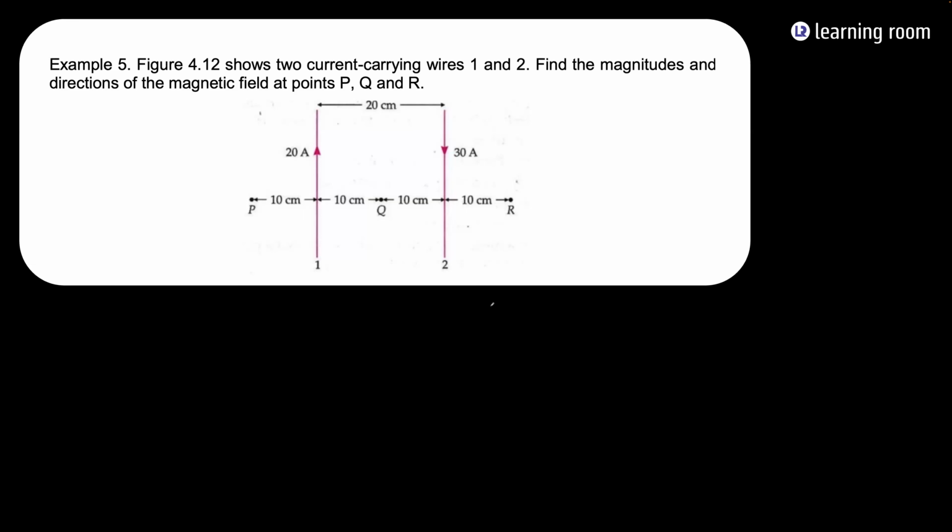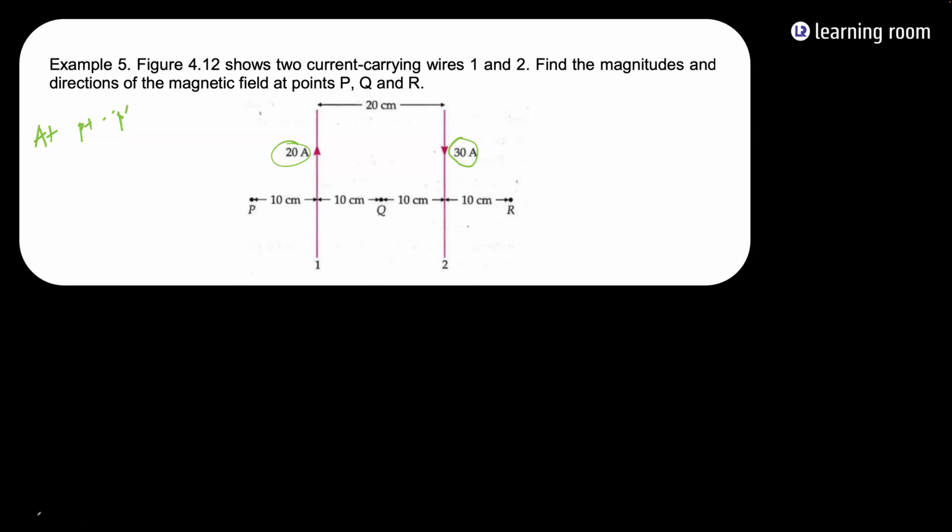How many of you got the answer? So let's do it quickly. Observe. We have two conductors, one of 20 ampere and 30 ampere, which are carrying the currents in the opposite direction. Our job is to find the value of magnetic field at point P, Q, and R. So let's take point P at the first place.